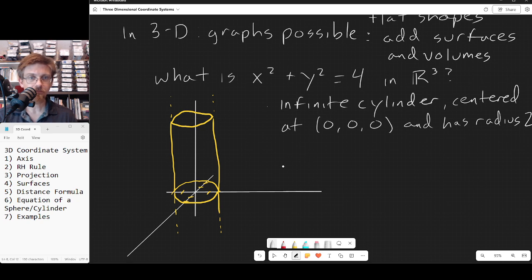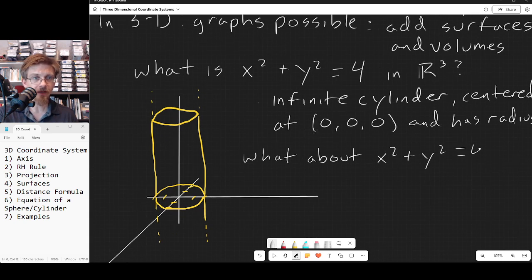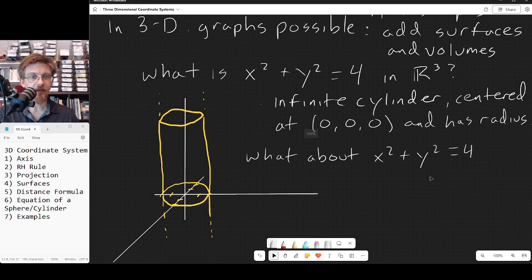Okay, so now let's consider this. I look at the same thing, x squared plus y squared equals 4, but then I'm also going to give a restriction on z. We're going to say that z is between 0 and 3. And I'm even going to say that x squared plus y squared is less than or equal to 4.